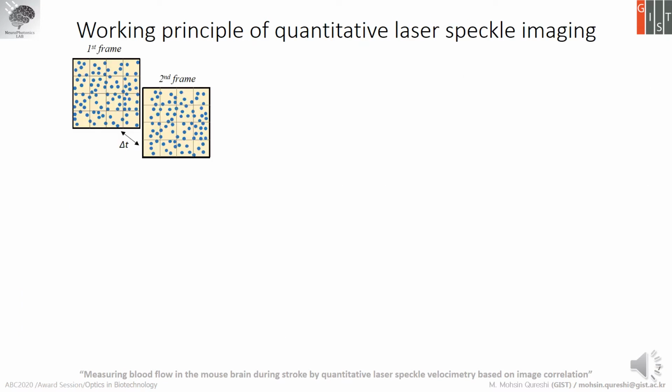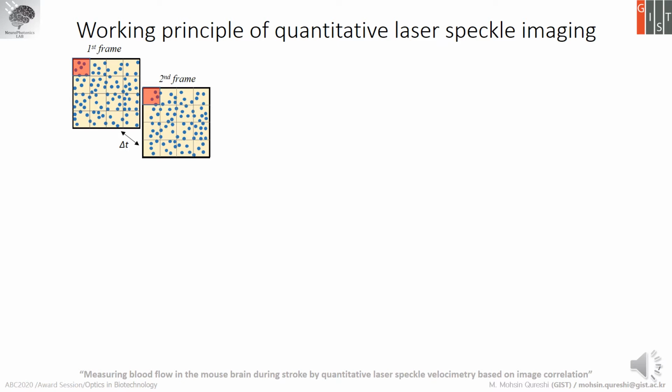The quantitative laser speckle imaging technique requires a minimum of 2 consecutive images, which are shown here as the first and second frame. As this technique is based on spatiotemporal cross-correlation of 2 consecutive laser images with the time interval of delta t, we select a small square-shaped region, which we call a probing window.